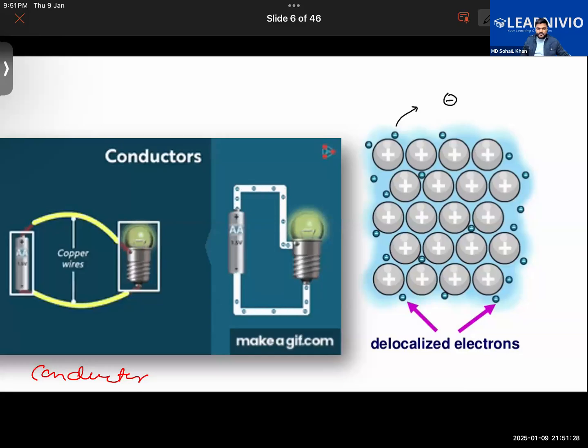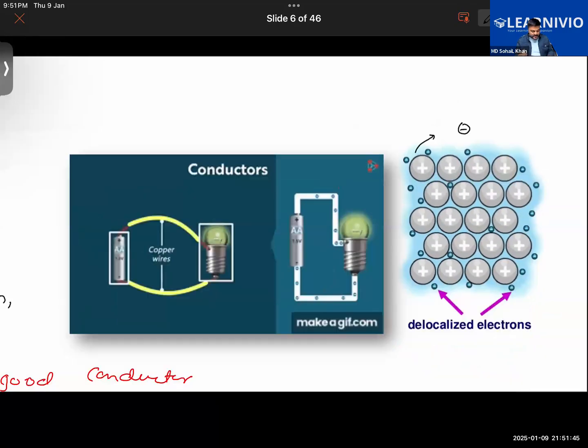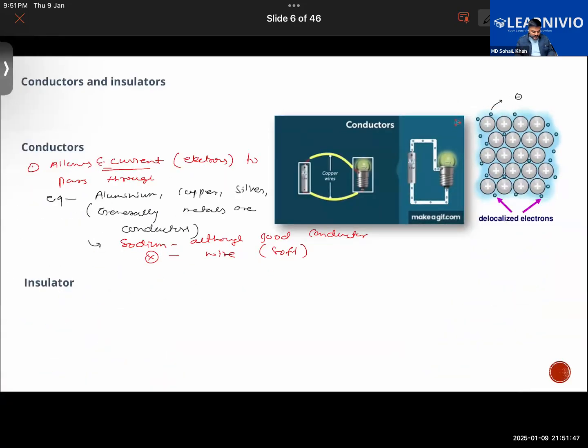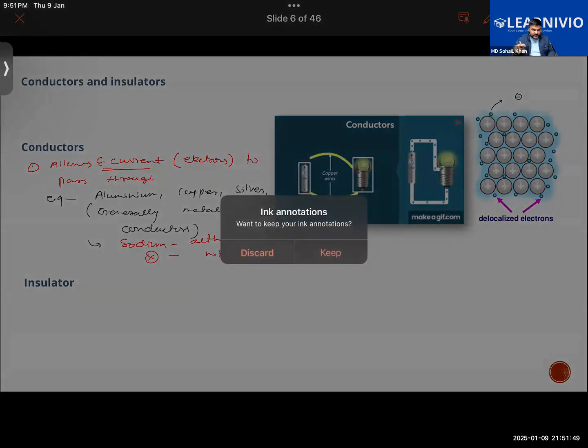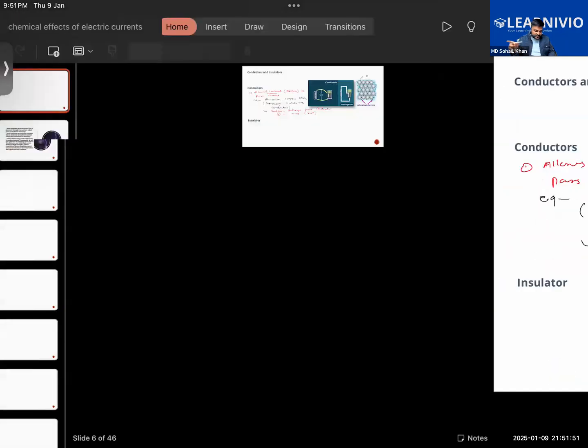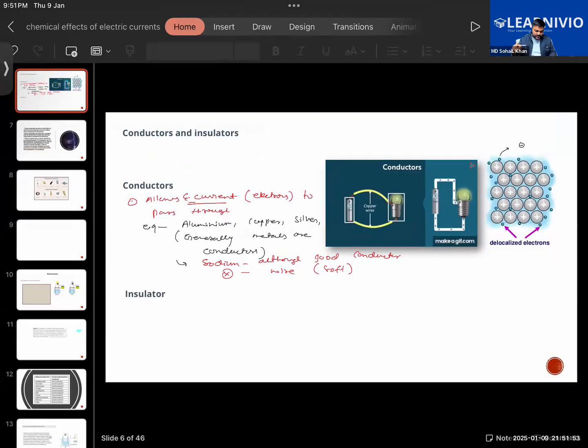So what is happening? The electrons in this copper wire are not fixed at certain positions. They are delocalized, they are free to move. They can freely move from one atom to another, as you saw in the animation earlier, where the electrons were jumping from one atom to another.